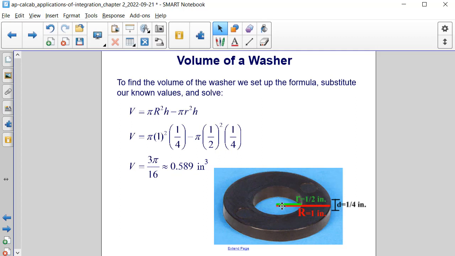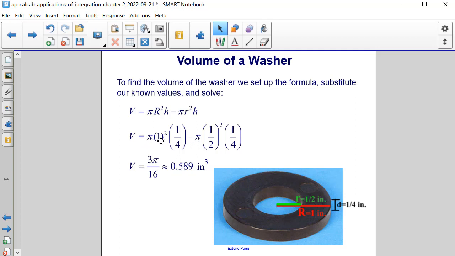So the volume of the outer cylinder is going to be pi times capital R, which is 1, squared, times the height of the cylinder, which is 1/4. Then we're going to subtract from that pi times the inner radius, which is 1/2, squared, and again the thickness or height of the inner cylinder is also 1/4.